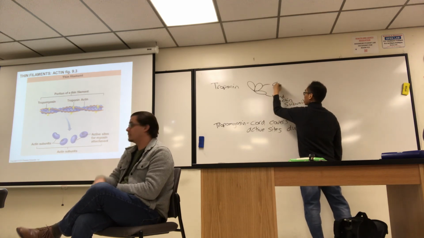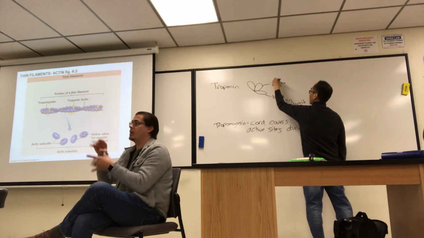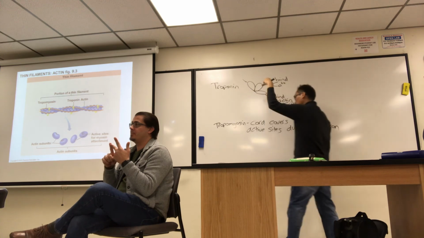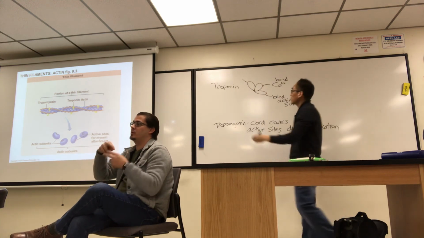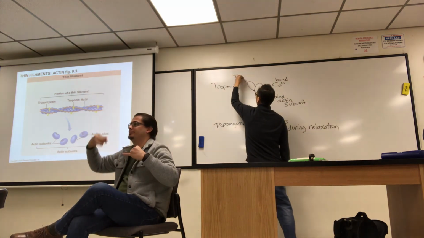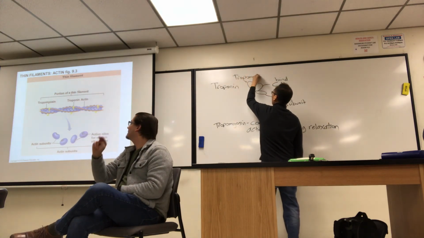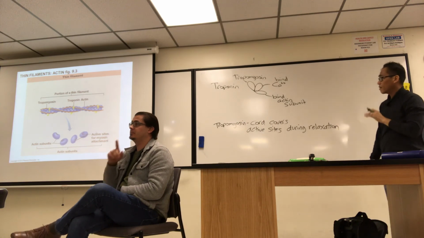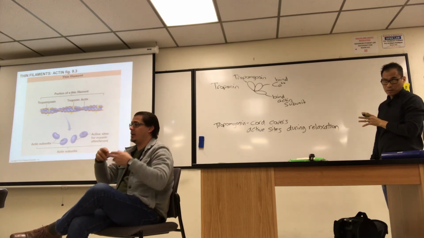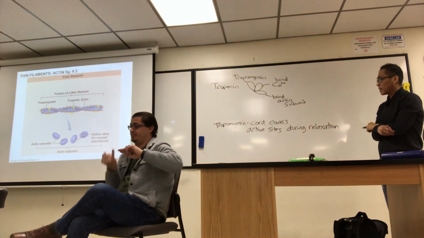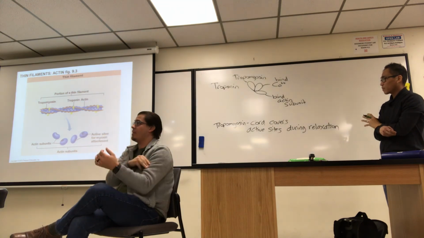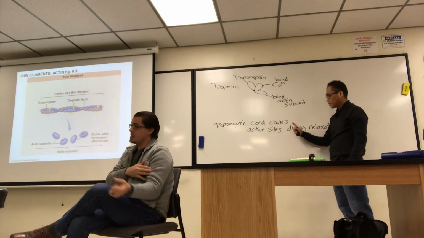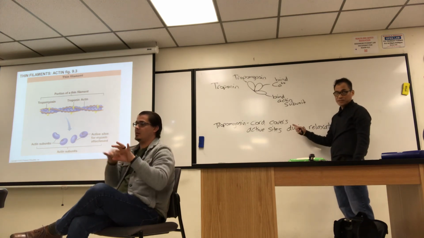One will bind calcium, and one is attached to the tropomyosin. Okay, so this is actually a very important part of the muscle for physiology, because if muscle's going to become stimulated, you have to uncover the active sites.